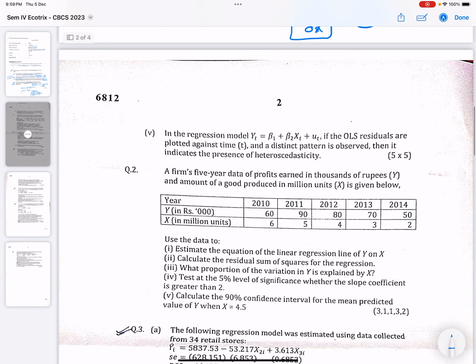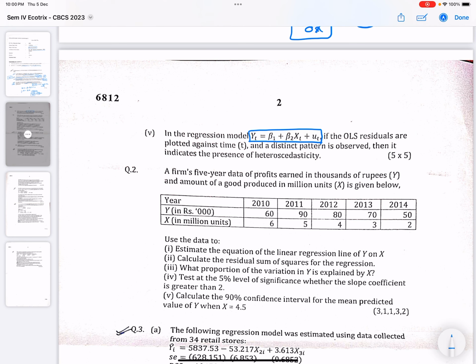Okay. Now coming to the fifth statement, you can read the question. Regression model yt equals b1 plus b2 xt plus ut. If the OLS residuals are plotted against time and a distinct pattern is observed, then it indicates the presence of heteroscedasticity.